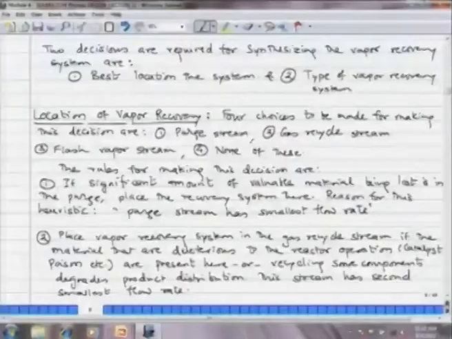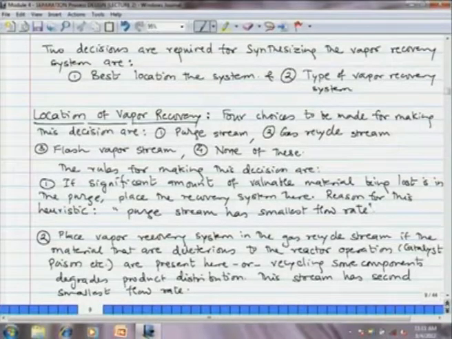If a significant amount of valuable material is being lost in the purge stream, then place the vapor recovery system in the purge stream. Another reason for this heuristic or thumb rule is that the purge stream has the smallest total flow rate. Remember that the vapor recovery system has to recover the solute vapor from non-condensable gas.